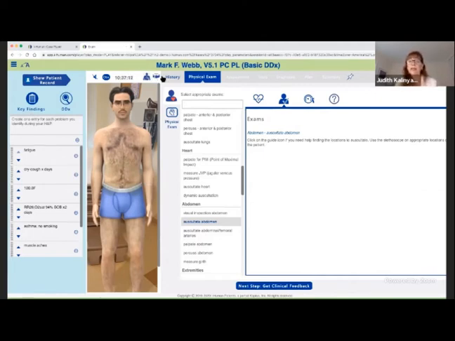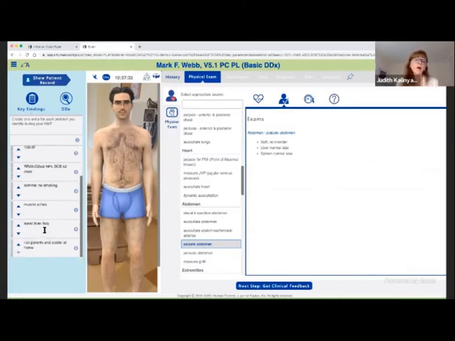For the sake of time, I'm going to keep us moving forward. But at that point, you would go back and ask, right? We might want to actually palpate the abdomen. And here you can see, whenever we can't palpate, we're going to tell you what you would feel. So does anything there make you concerned?